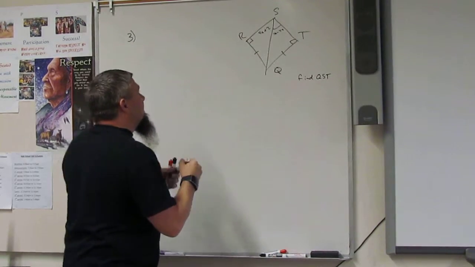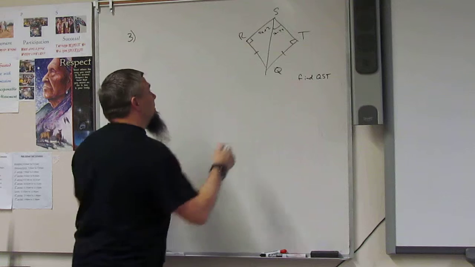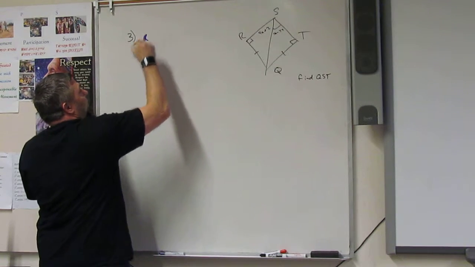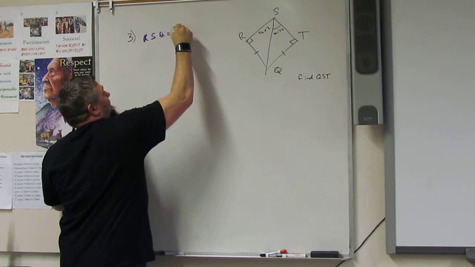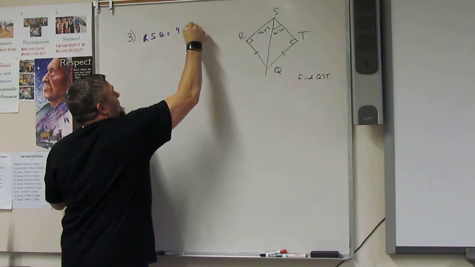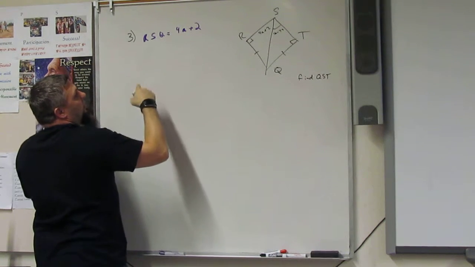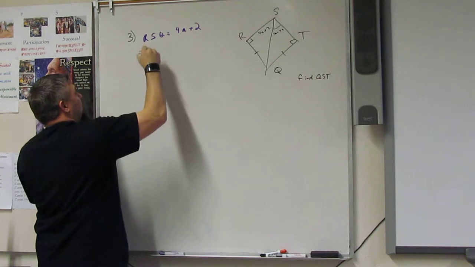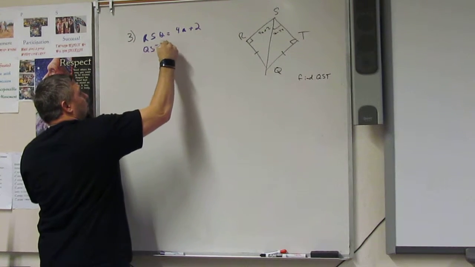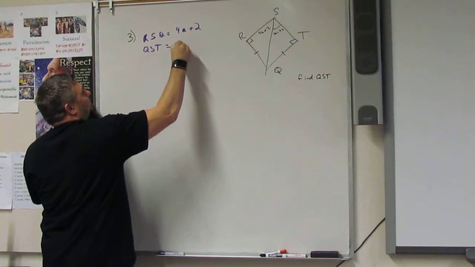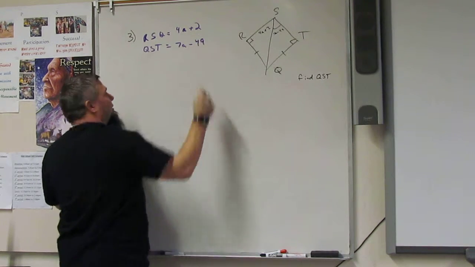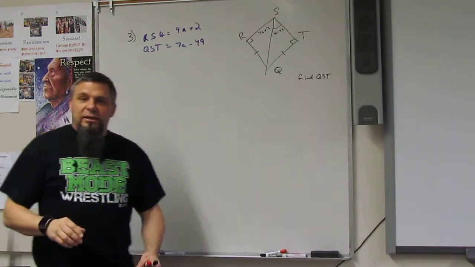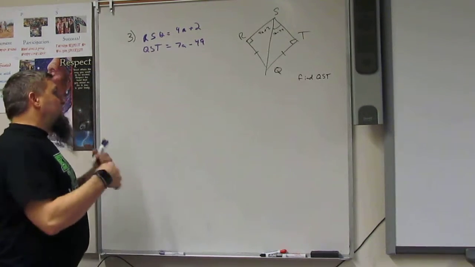Now it's kind of hard to see these, I'm sure, but it's basically RSQ is equal to 4A plus 2, and then QST is equal to 7A minus 49. And your whole key here is, do these equal each other?